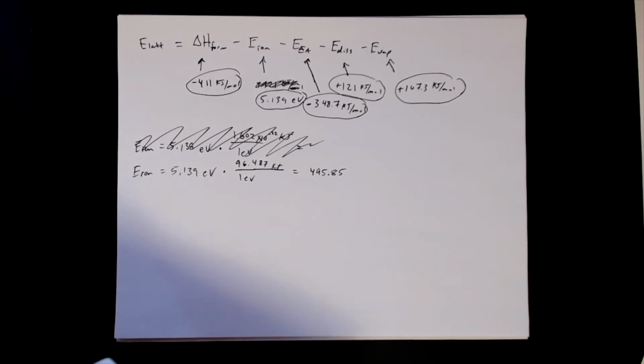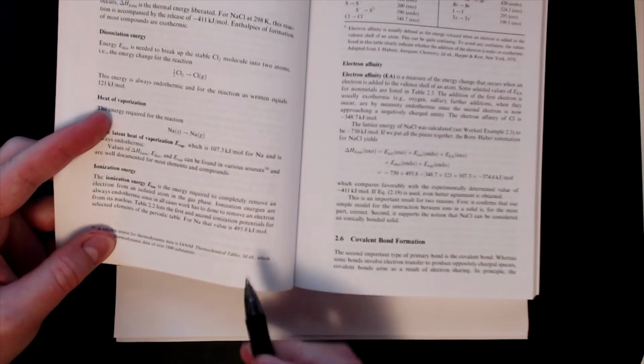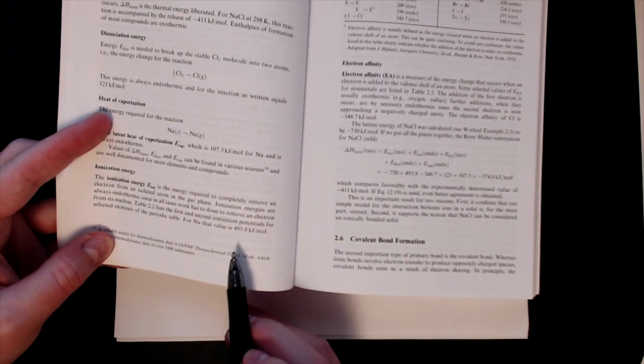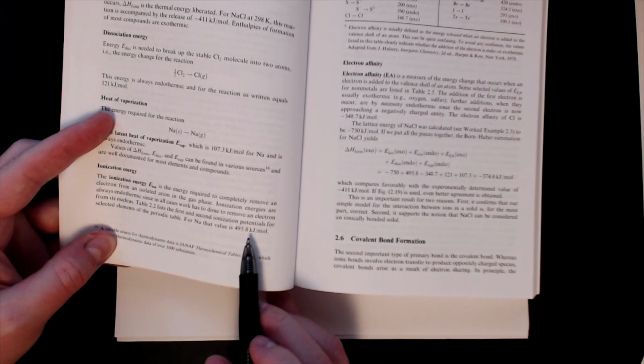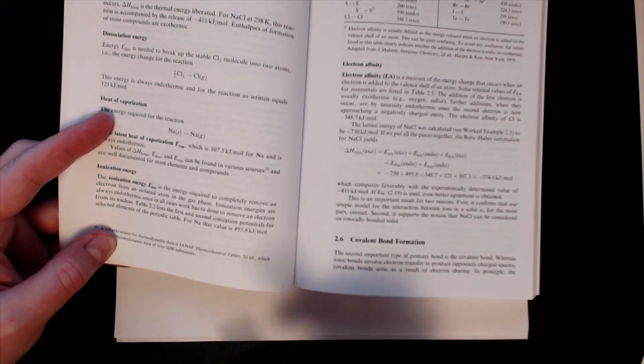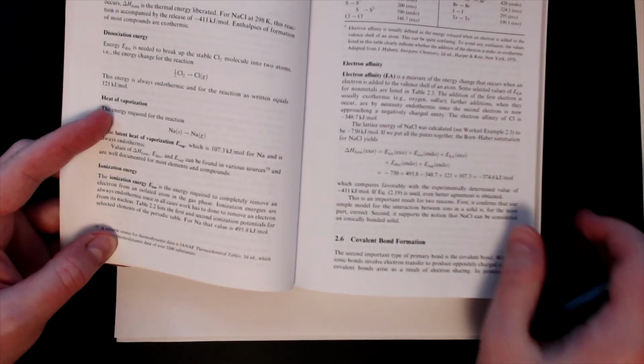I just want to check that real quick against what we have in the textbook. Even though the table was in electron volts, they gave it to us in the text as 495.8 kilojoules per mole, so that confirms the conversion worked.